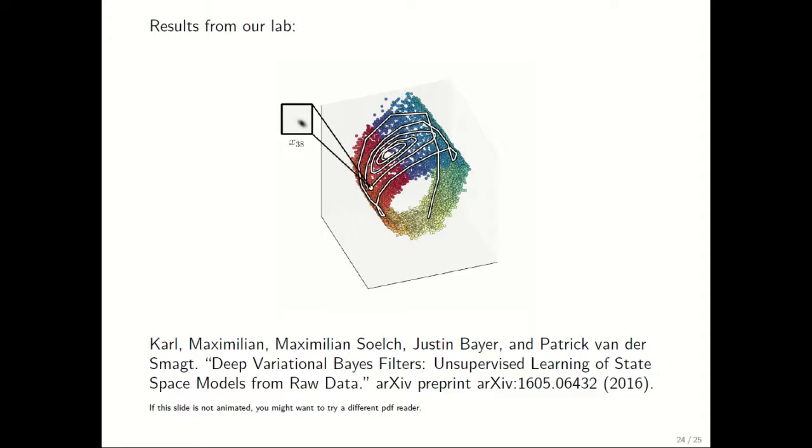And the coloring that you can see here is the ground truth information that we have when, of course, we developed these time series. So there is some ground truth, but we didn't use that for training. And you can see that it is recovered perfectly by the ordering of these colors. And then something else we're showing here is how the latent state develops.